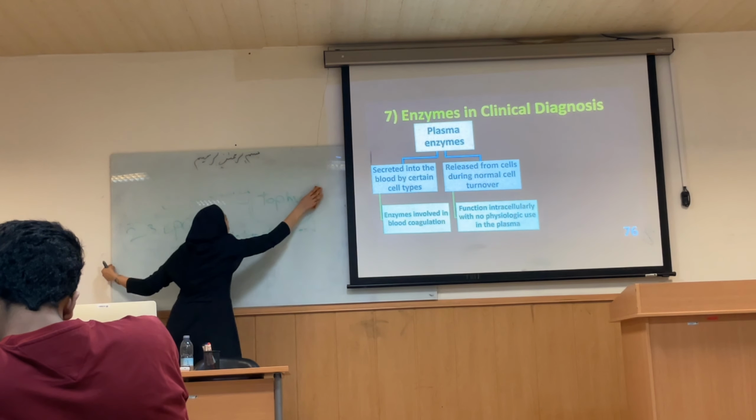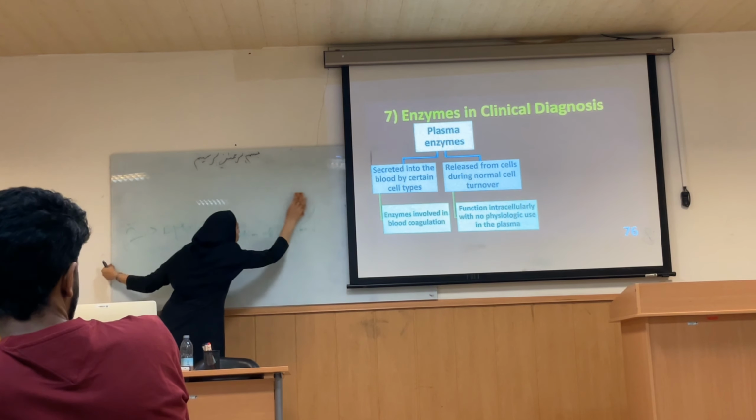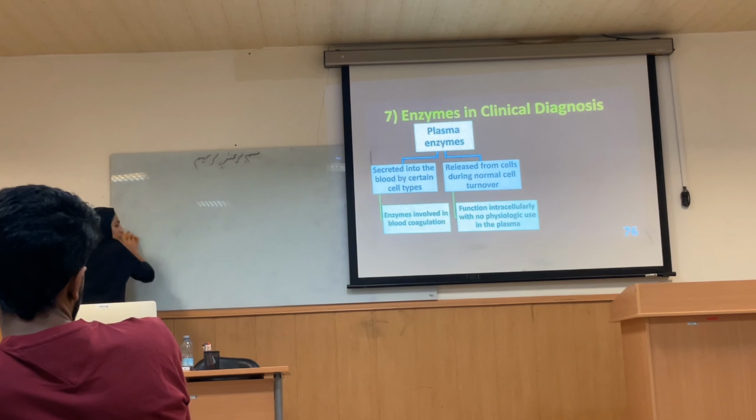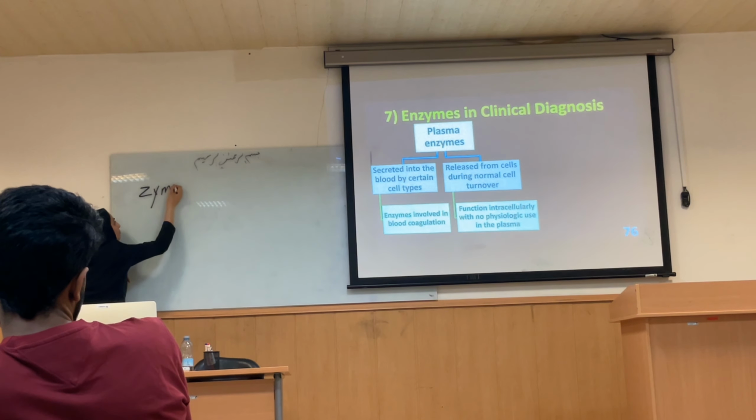Do you know what we say to the inactive form of enzyme? Proenzyme? Pre-pro, that's not related to protein. It is not incorrect. Zymogen. Yeah. We at first call them zymogens.